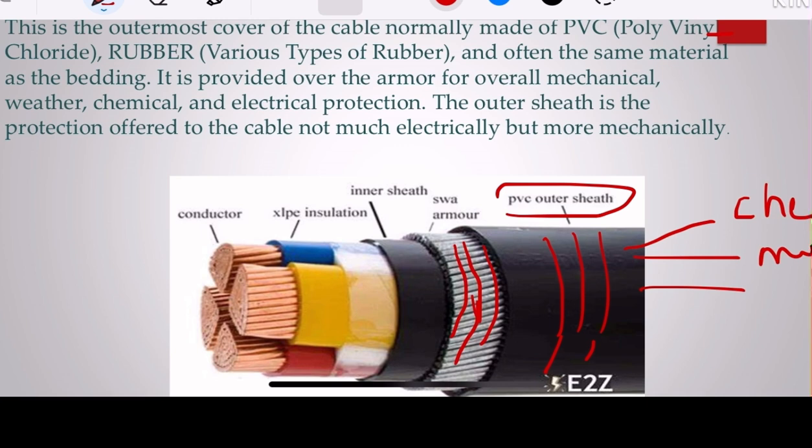It is giving cover and protection to the armor also from the atmosphere. This is enhancing the mechanical strength of the cable also.